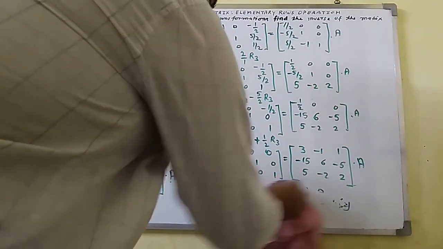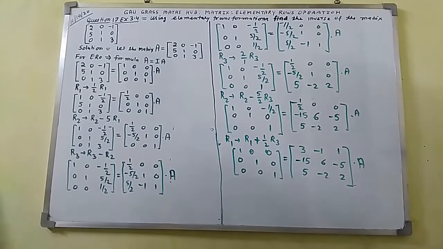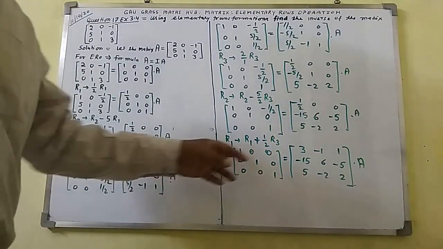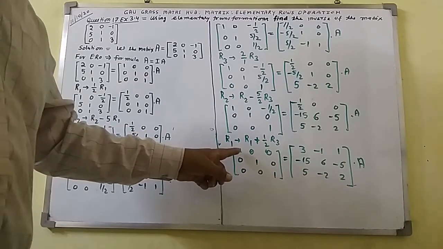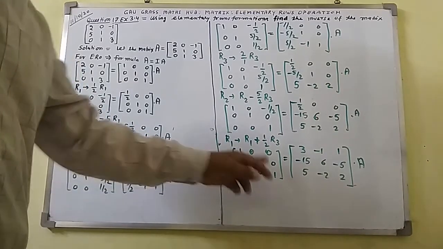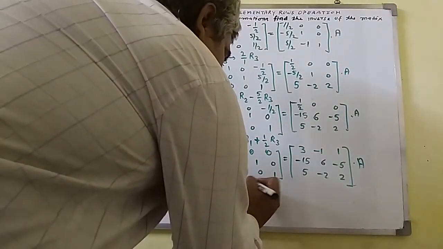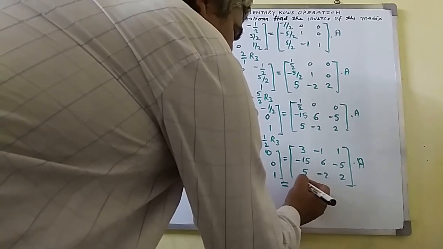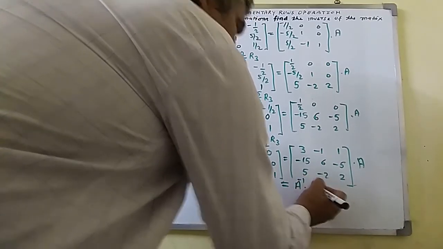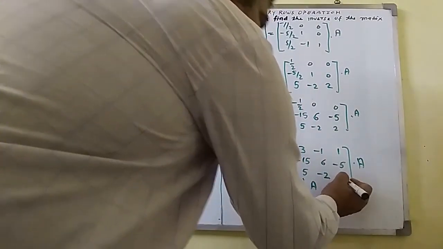Now I am going to erase this. So here I have got the identity matrix. Here you can see the elements on the principal diagonal are 1, 1, 1 and the rest are 0. So this becomes the identity matrix, equal to A inverse dot A. Here you got the answer, A inverse.